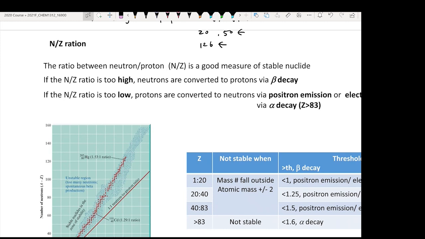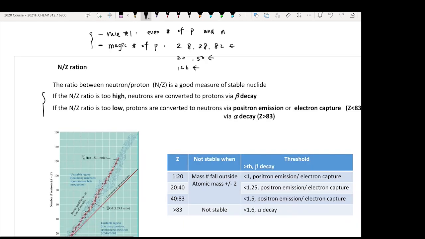If it is not stable, it undergoes radioactive decay, right? So the question is going to ask what kind of radioactive decay you're going to see. Your textbook is going to tell you to calculate the neutron to proton ratio, which we also call the N to Z ratio. N is your neutron, Z is your proton.